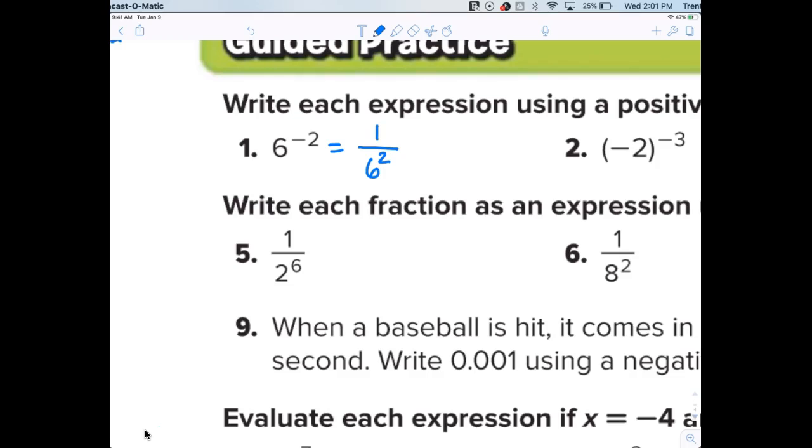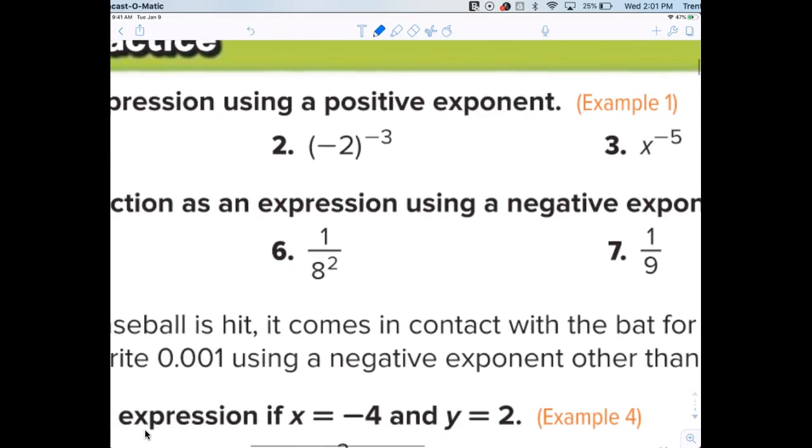Here we go. Brooke, next. Perfect. That's what I want. You move the whole negative 2 down. Now we're working. Now your pencils are in your hand, and we're doing the problems. We're doing your homework.